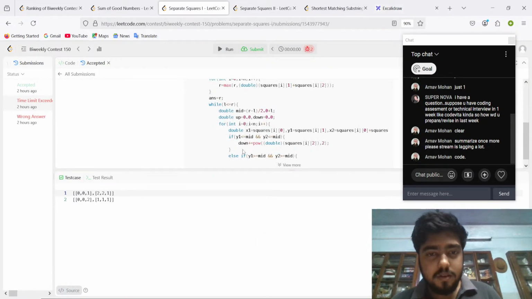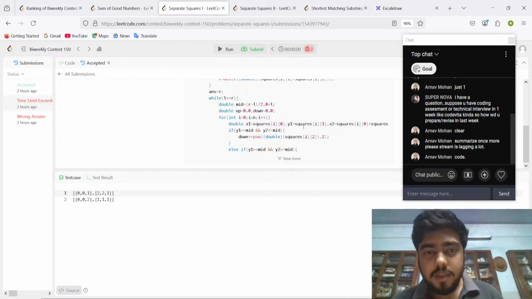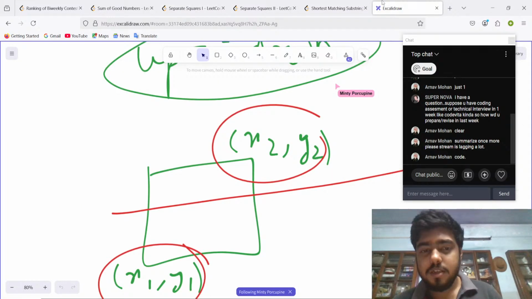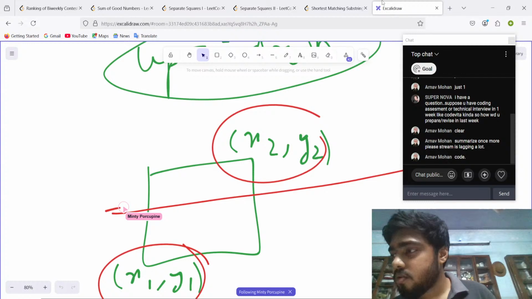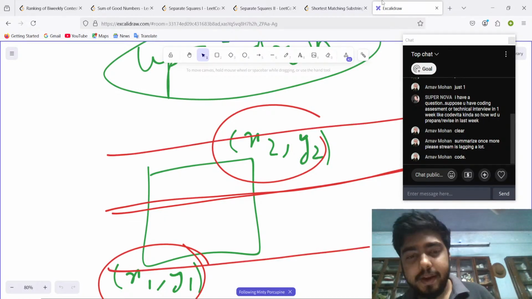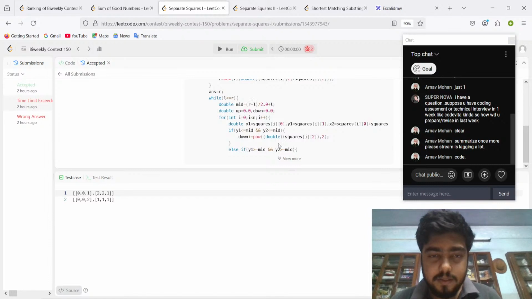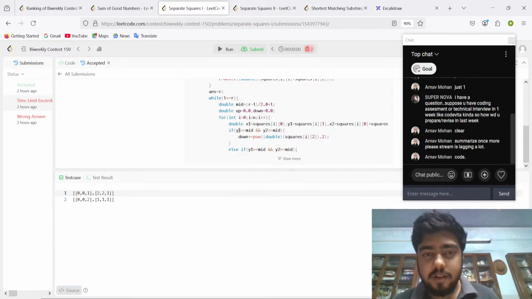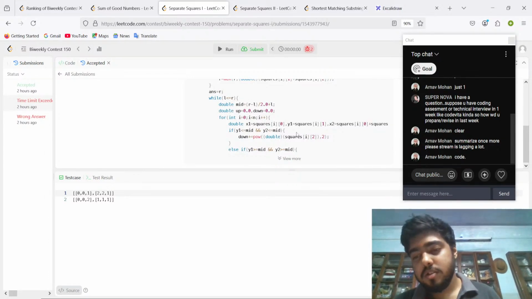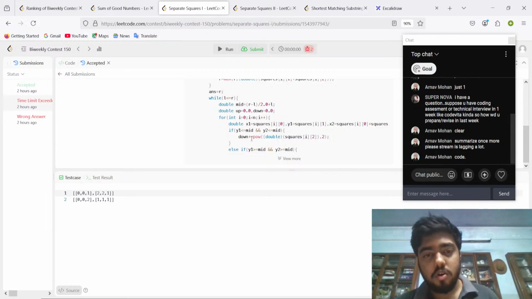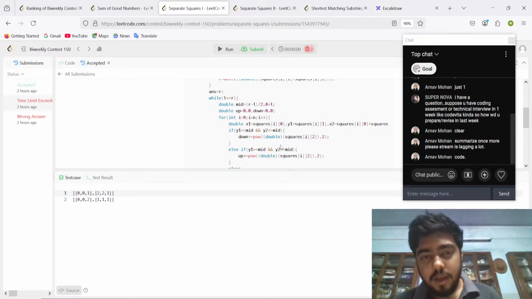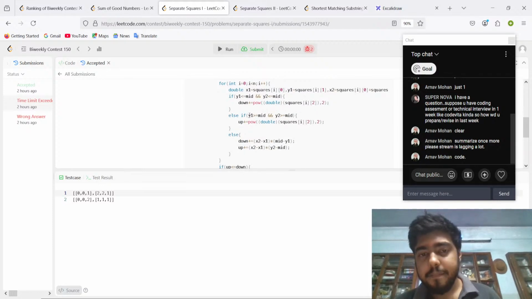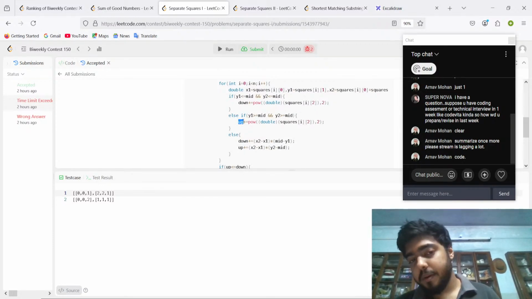Now, there are various conditions. Either the line can be going through the middle, or the line can be above it, or the line can be below it. So for all three conditions, we have different ways to handle it. If the line is well above it, the whole area of the square is going to be in down. And if it is completely below it, the whole area is going to be added to up.